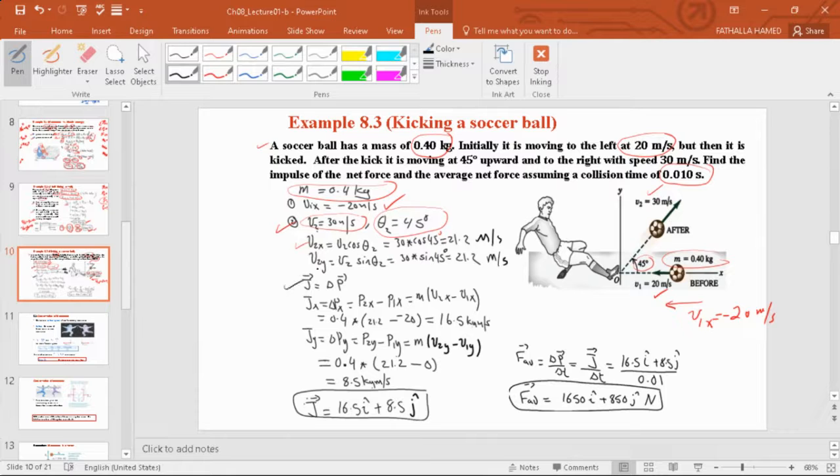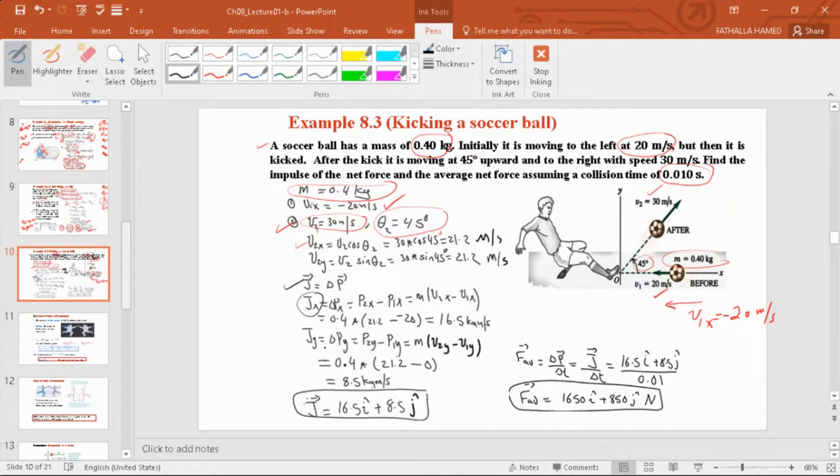Now I know that the impulse should equal the change in momentum, but my momentum now is in 2 dimensions. So I'll have a Jx, which is delta px. So it is p2x minus p1x, which is m times v2x minus v1x.